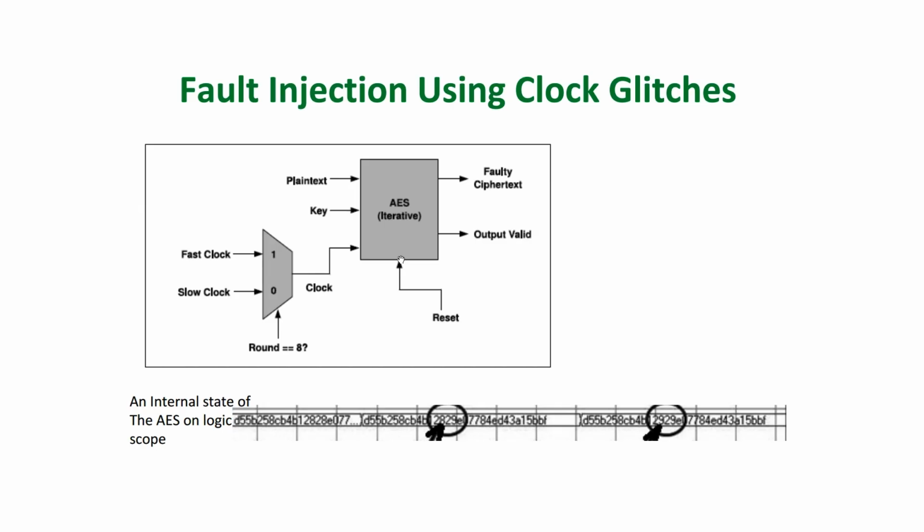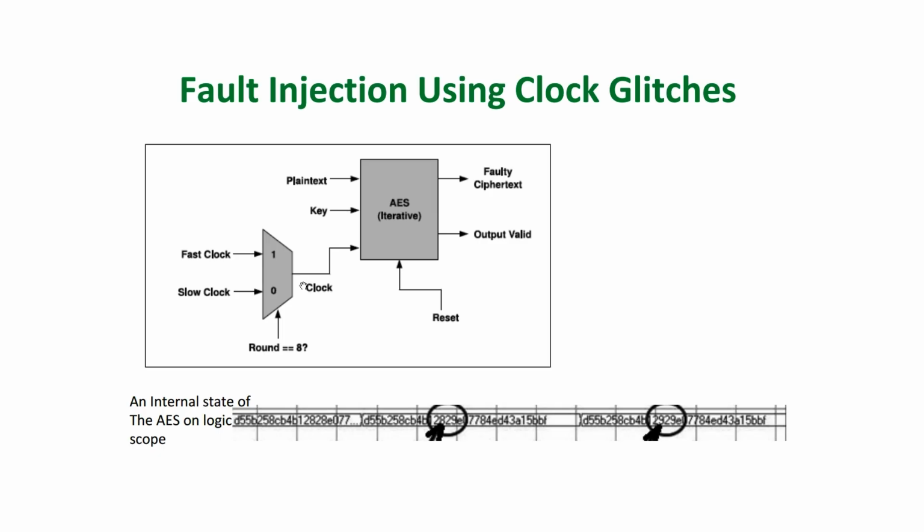In order to induce a fault at a specific time during the execution of this AES, we have a multiplexer which multiplexes between a slow clock and a fast clock. Whenever an attacker wants to induce a fault, he would change the value of the select line for this multiplexer from 0 to 1, thereby inducing a fault.